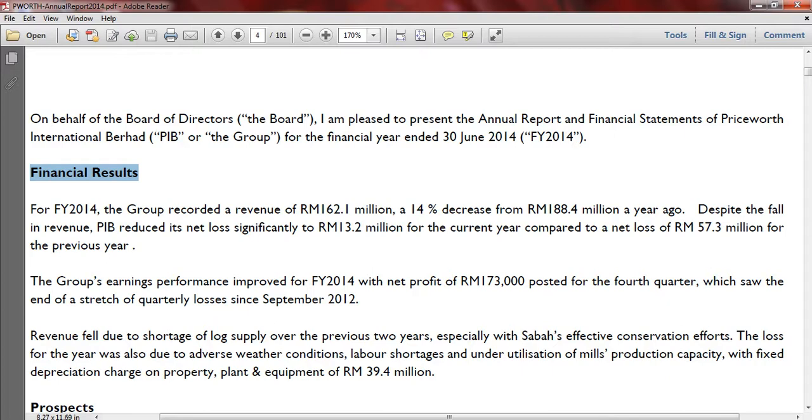the financial result. The group recorded a revenue this much, a decrease from the year before. Despite the fall in revenue, it reduced its net losses significantly for the current year compared to the net loss for the previous year.